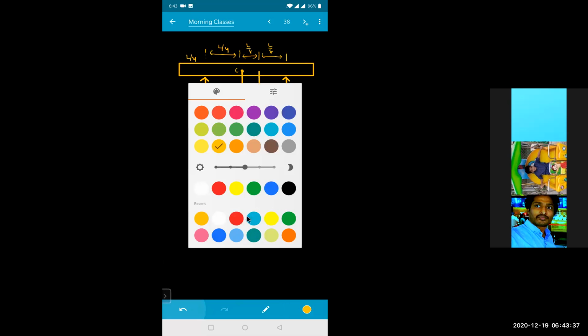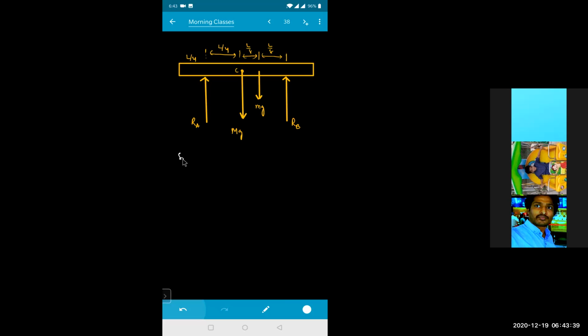Since the rod is in rotational equilibrium, what is the condition? First, write all the forces for translational. Sum of all the forces along the y-axis must be equal to 0.